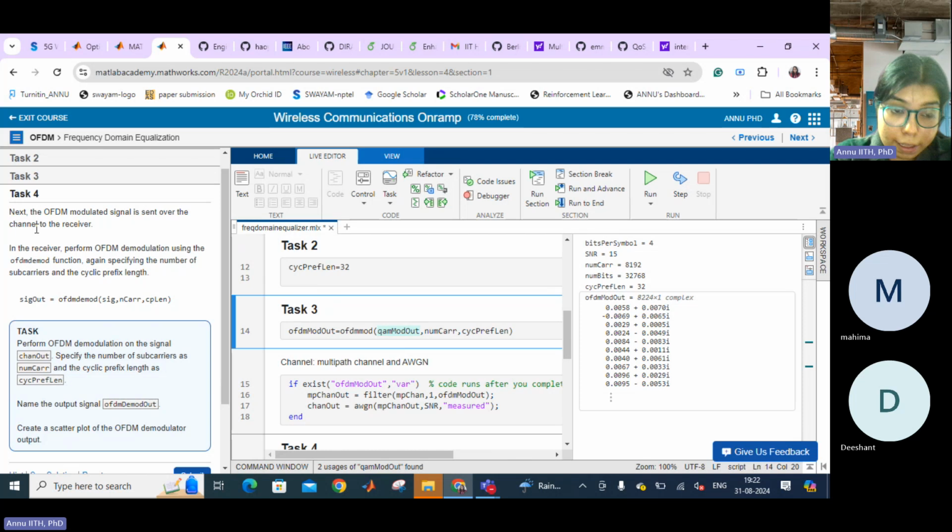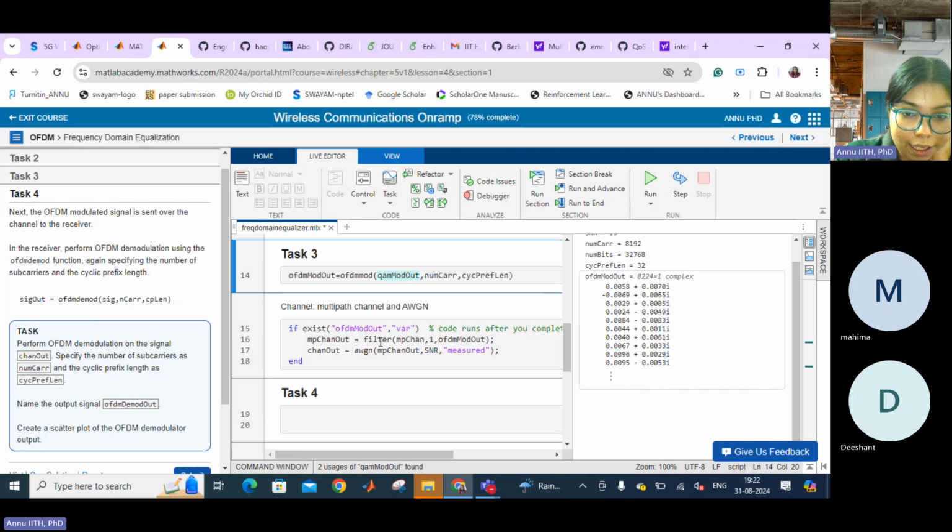So the next task: the OFDM modulated signal is sent over the channel. So the sig out is OFDM mod sig, number of carriers, CP length. And the receiver performs the OFDM demod. So again the signal is sent to a channel, that is the filter MP channel 1 with OFDM out, and the channel out is AWGN MP channel out, that is multipath, and the SNR is measured.